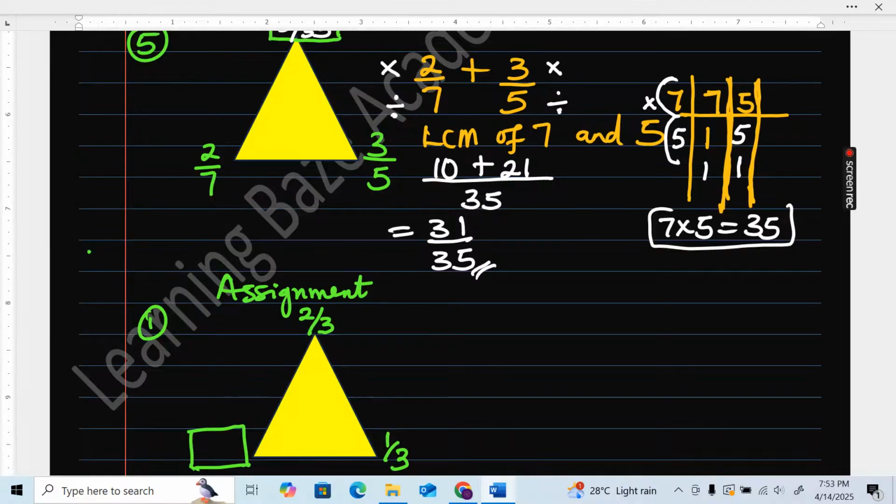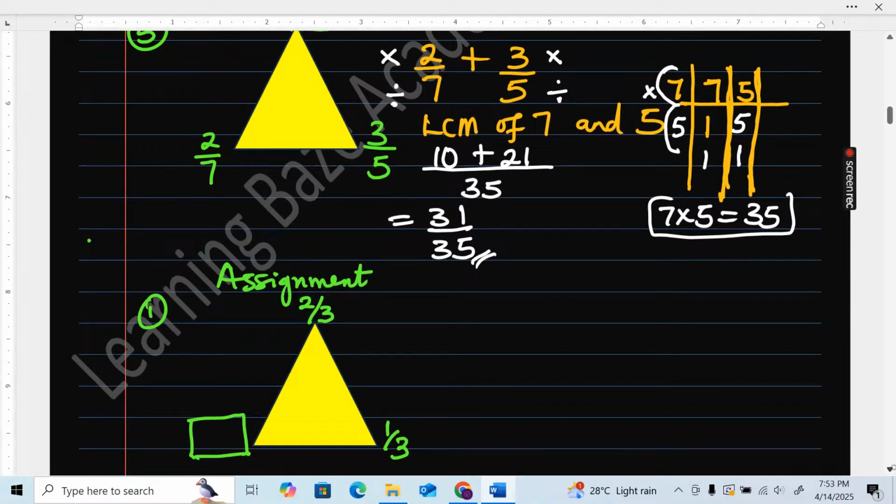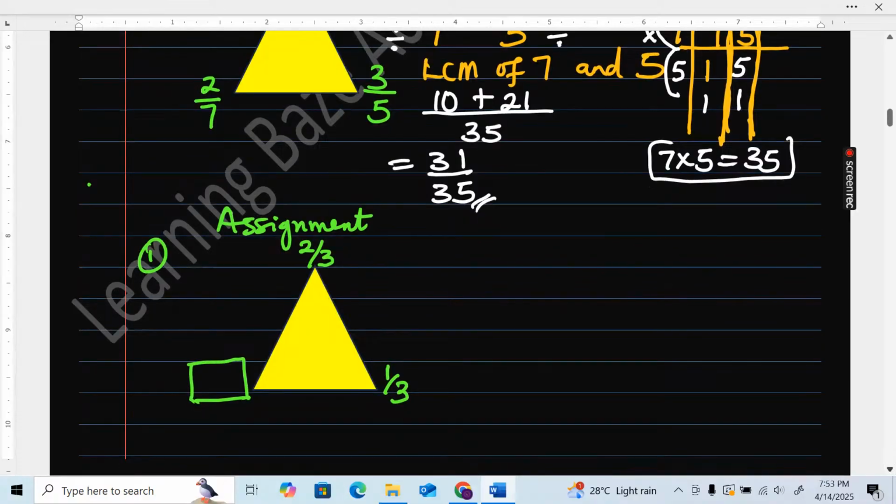You can see that in all that we did, I showed my workings. So it is compulsory that you show your workings. So here is your assignment. Figure out the missing fraction.